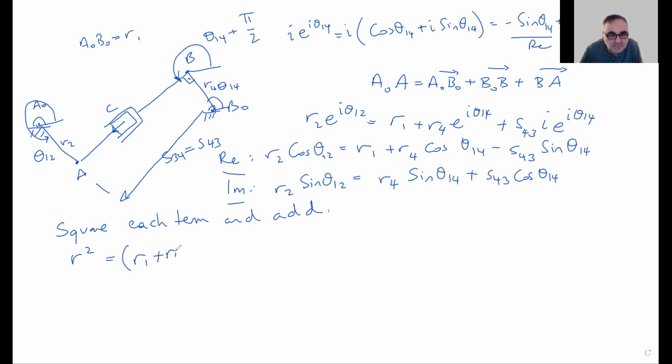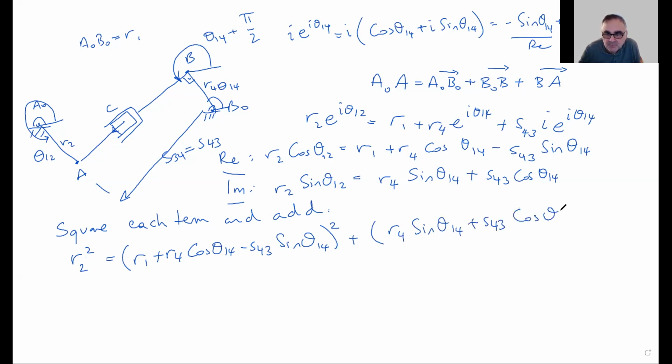R1 plus R4 cosine theta 1,4 minus S43 sine theta 1,4 squared, plus R4 sine theta 1,4 plus S43 cosine theta 1,4 squared.